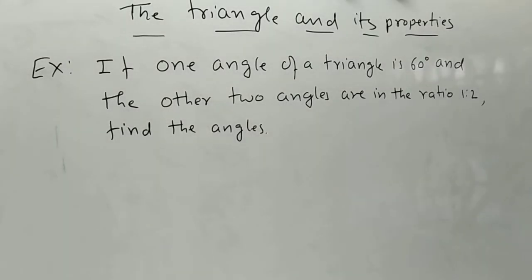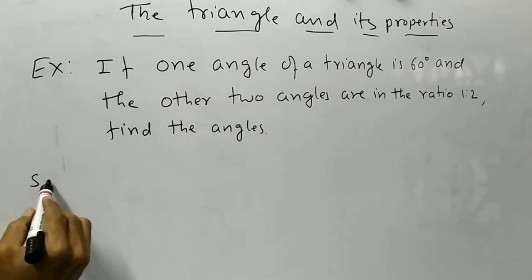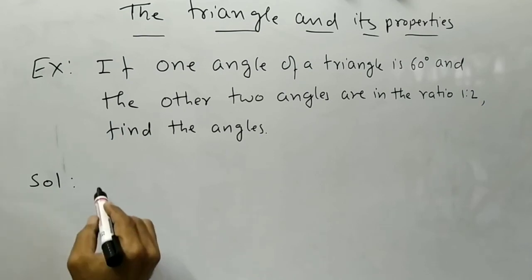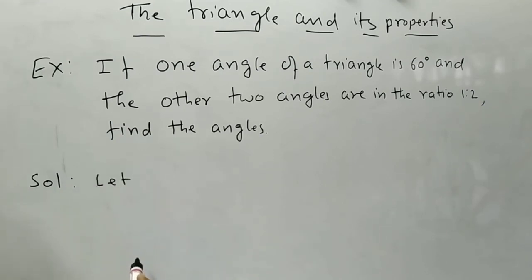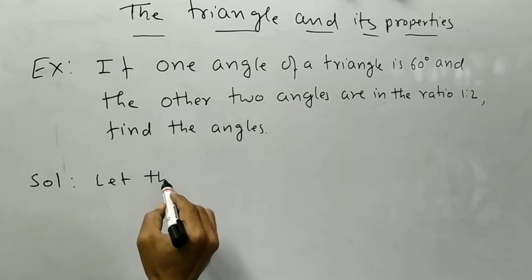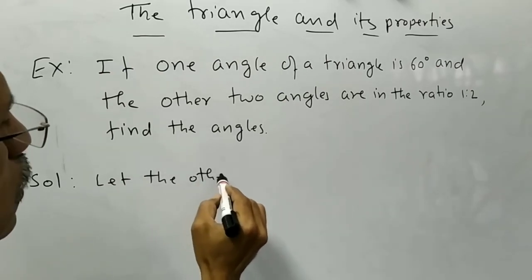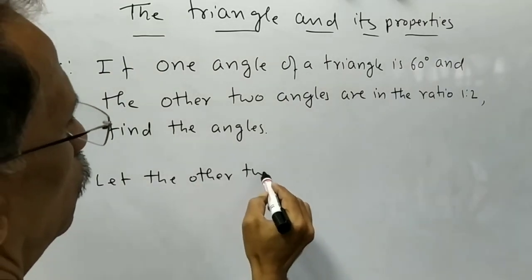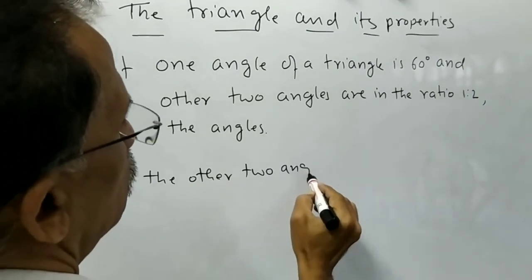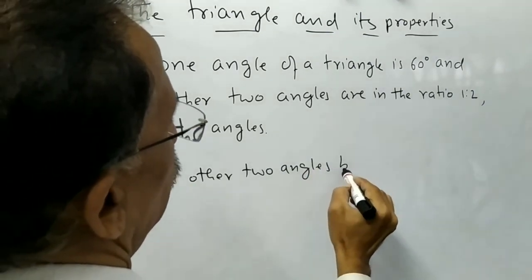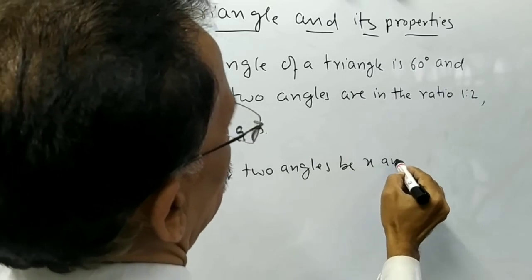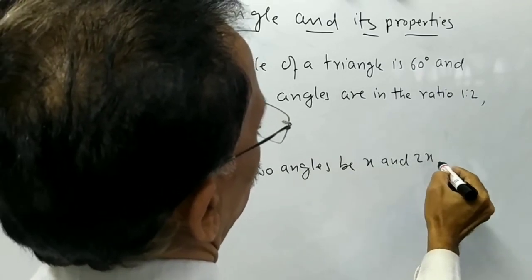Next example. If one angle of a triangle is 60 degree and the other two angles are in the ratio 1:2, find the angles. Solution: let the other two angles be x and 2x.